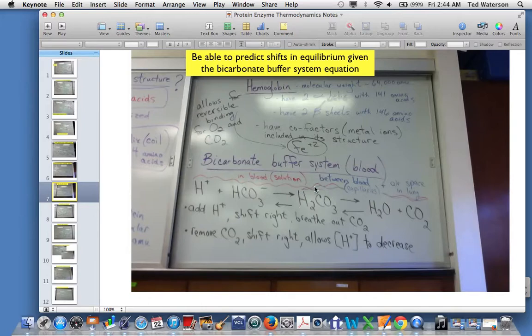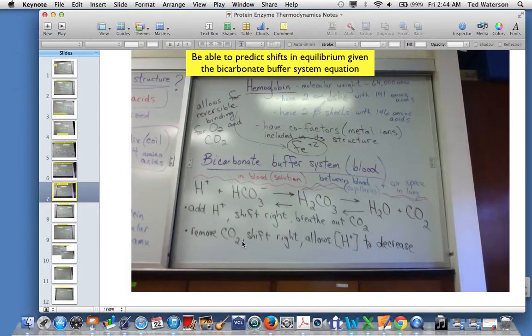Carbonic acid will build up, and then it will continue to shift right. And then it will basically, as long as you can breathe out CO2, this will keep shifting right. And that's what keeps you alive.